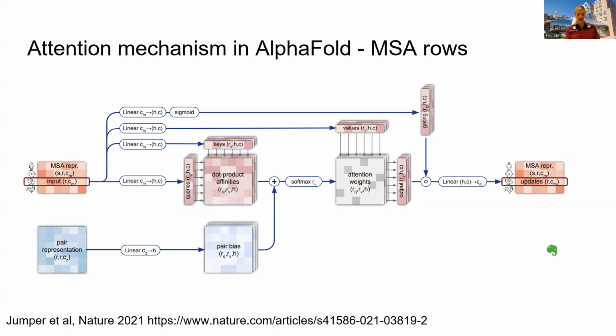Okay, so we have a sequence of amino acids, and we want different amino acids to be able to share information with each other. And in particular, we want them to be able to share information in a way that helps us determine if those residues are interacting with each other. Okay, and so there's a number of ways that that's done in AlphaFold.